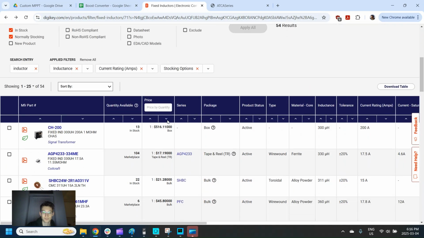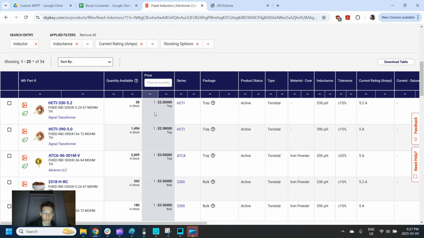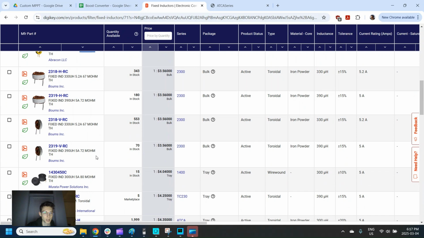Also, you can see that these are very expensive. The cheapest ones range in essence of like a few bucks for that kind of one that we were looking at before. That's 64.